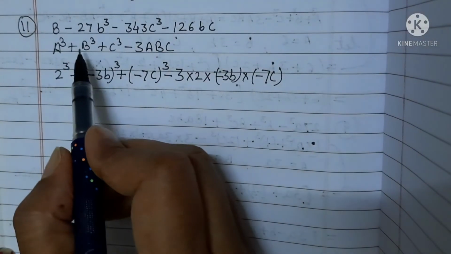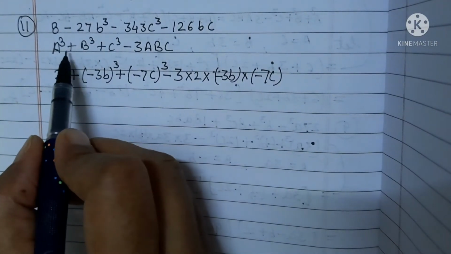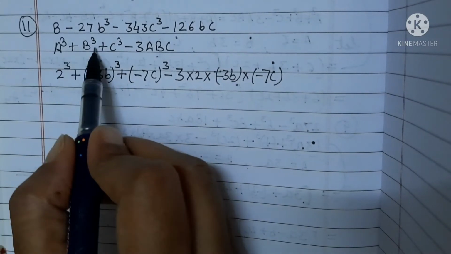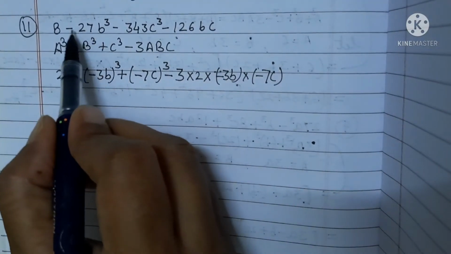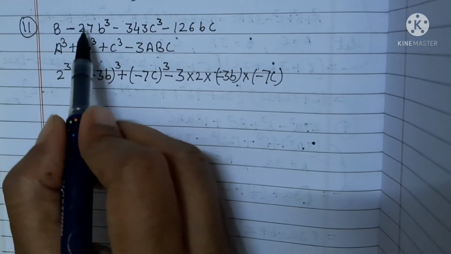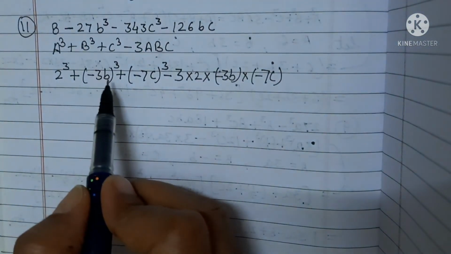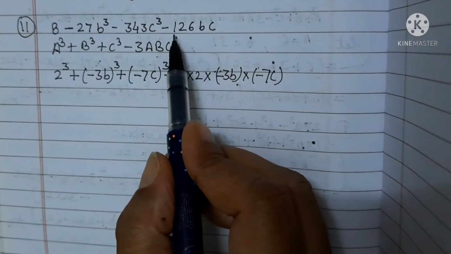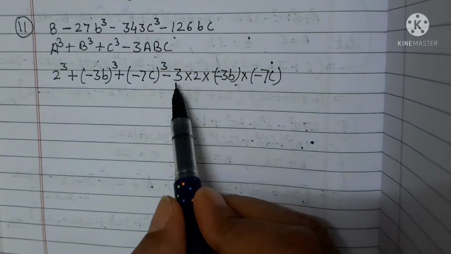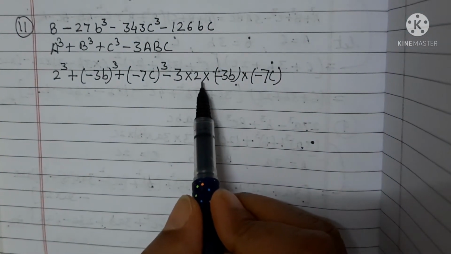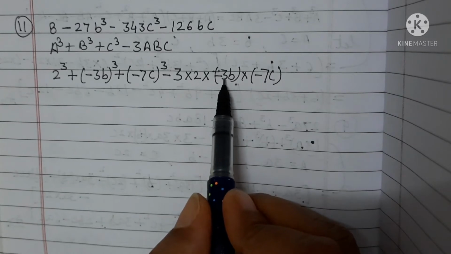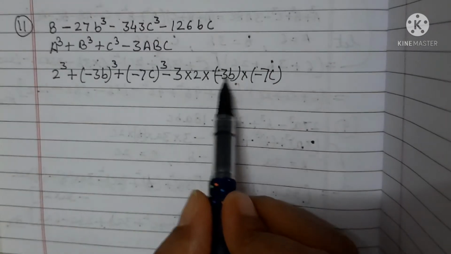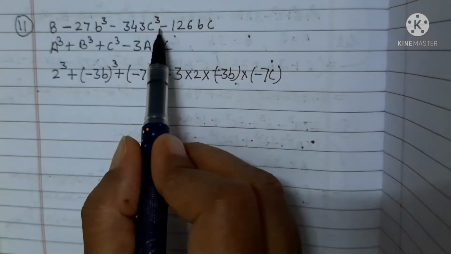Here you will take a, b, c with sign, because here a cube plus b cube plus c cube has a plus sign, and if this is negative, you can take the value with the sign. Now convert it and check whether the forms are the same. 3 times 2 is 6, times 3 is 18, times 7 is 126 abc, and minus minus plus, minus minus, so minus.